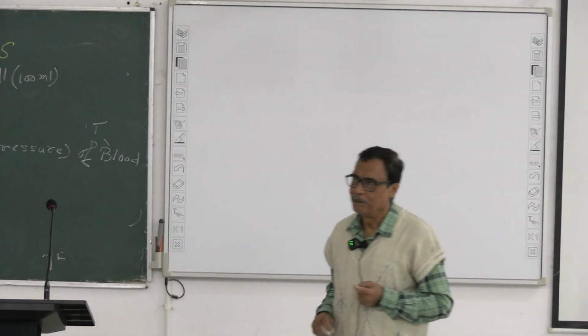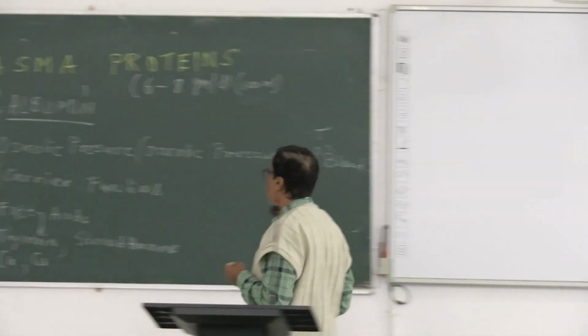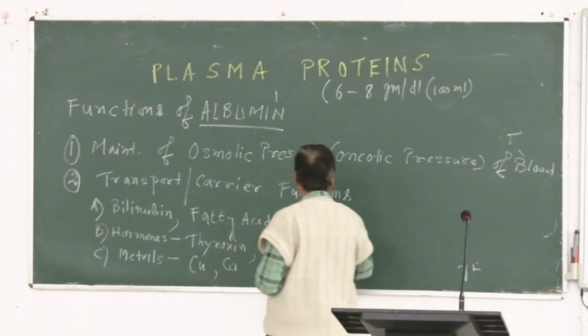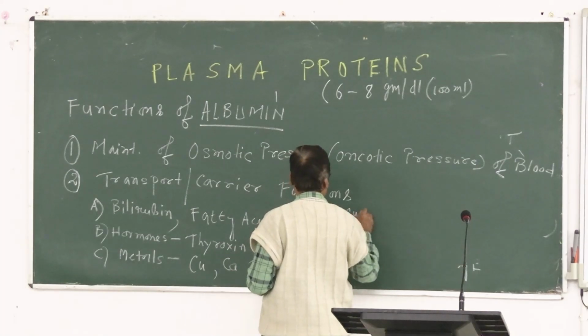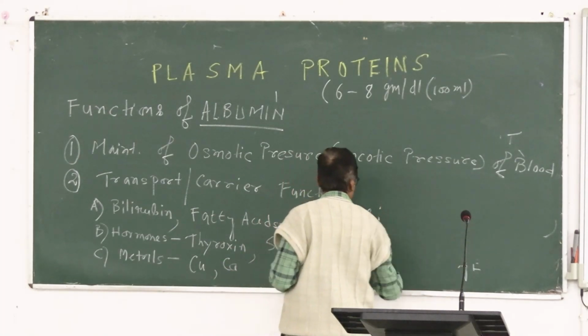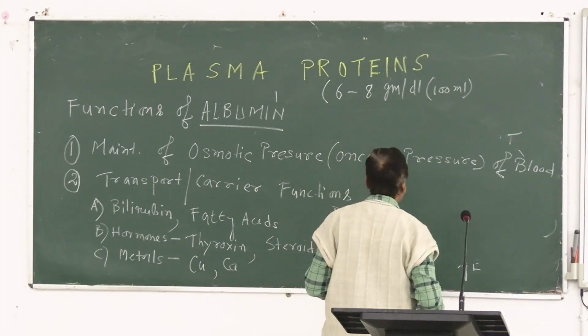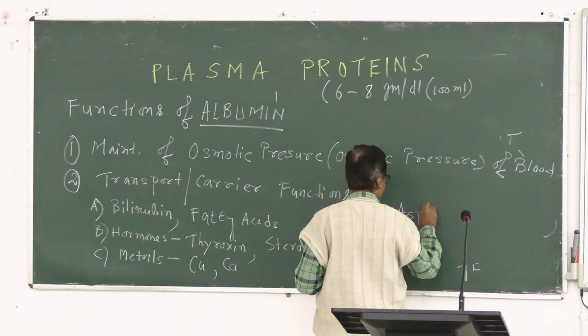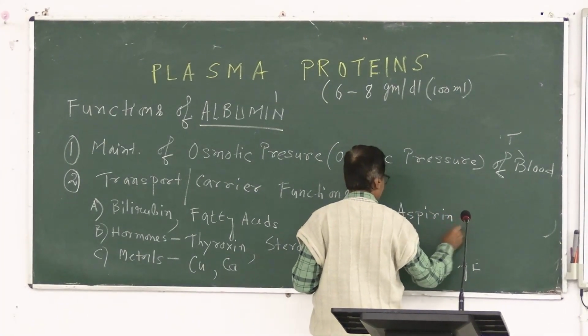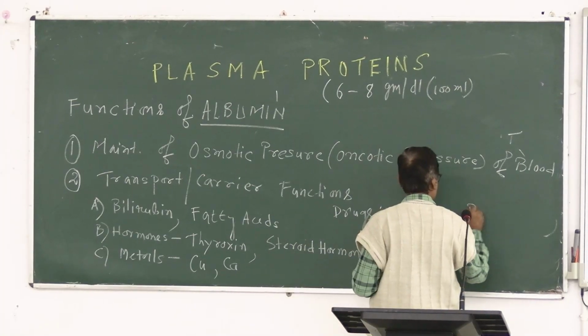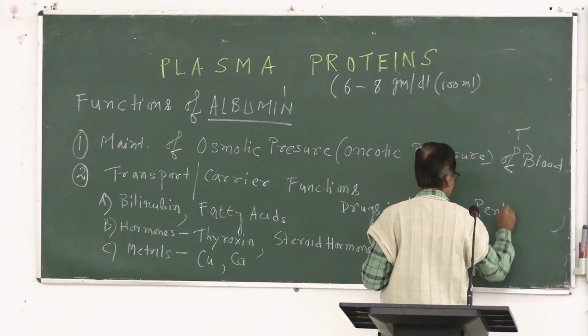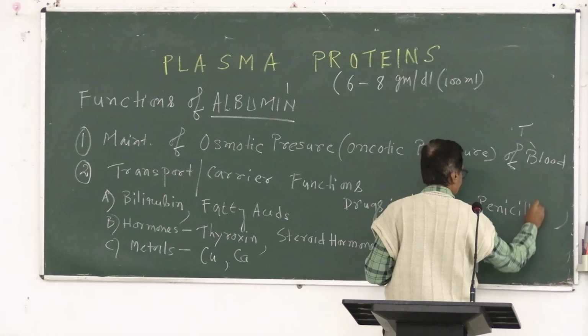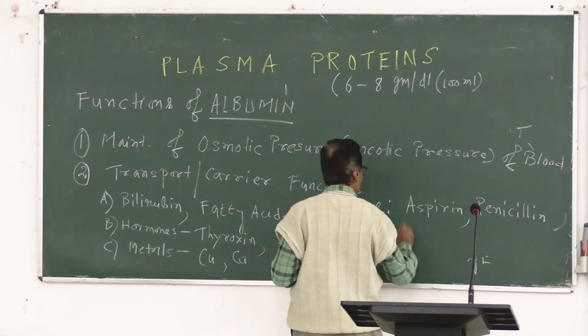In addition to these, there are many drugs which are carried by albumin. What are the drugs? The most important is aspirin, penicillin, and sulfa drugs, sulfonamides.